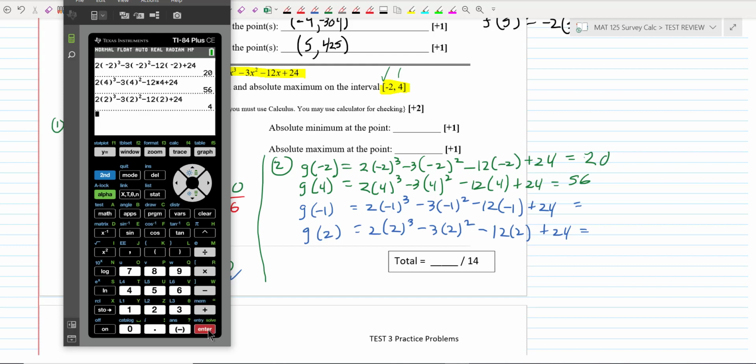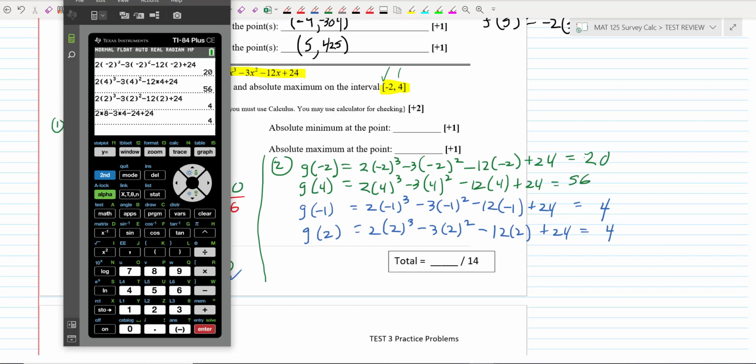So that would be evaluated as 4. Then we'll do the last one. I'll show you what I'm talking about: 2 to the third's 8, minus 3 times 2 to the second's 4, and then minus 24, and then plus 24. Whatever you want to do. So that also gave a 4.